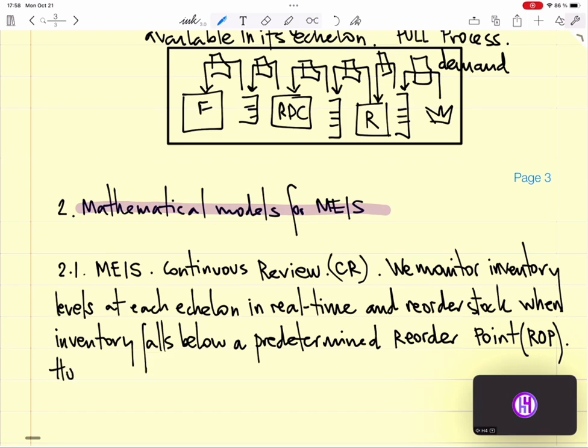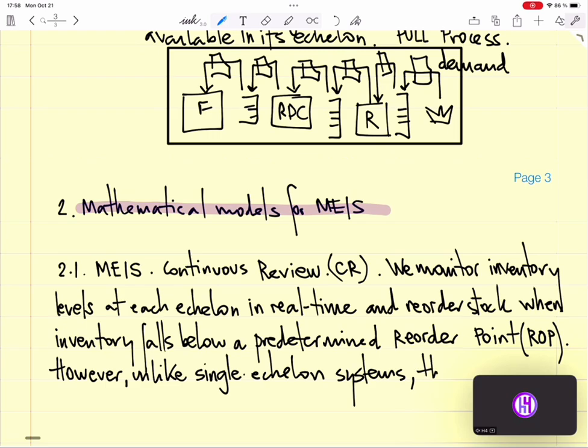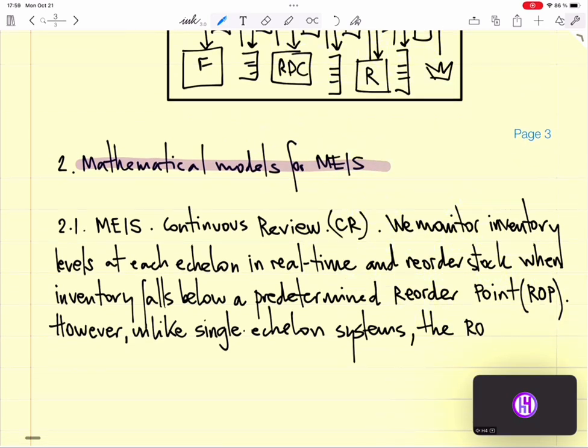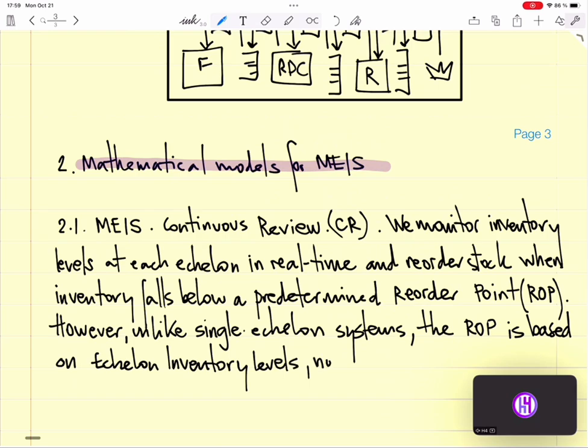However, and this is important, unlike single echelon systems, the ROP is based on echelon inventory levels of the supply chain, not just local stock levels.